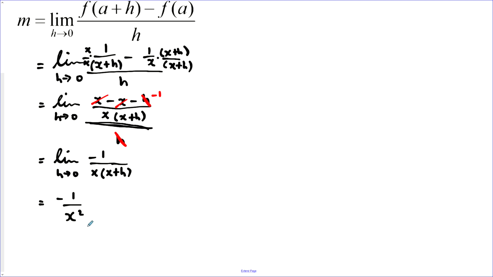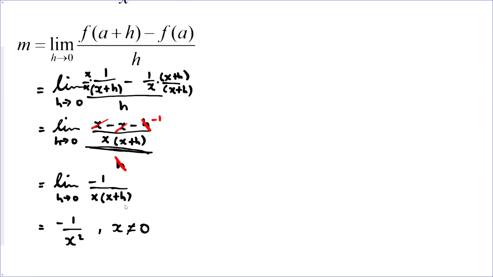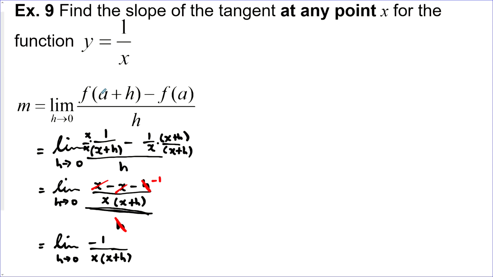So this is the slope of the tangent at any point x. We do have a problem here, and it looks like we have a non-permissible value, so we'll say that x cannot equal 0. But this makes sense because our original equation had the same non-permissible value. We couldn't possibly have a tangent where the graph doesn't exist.